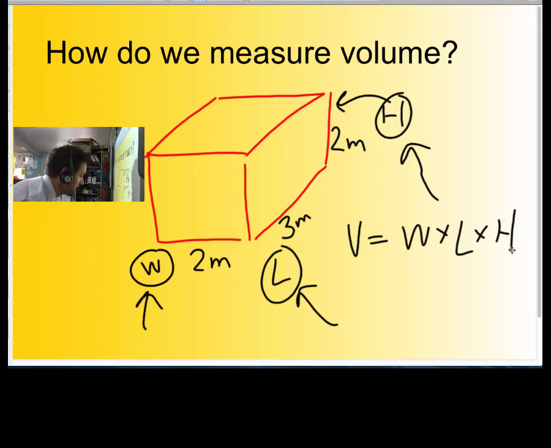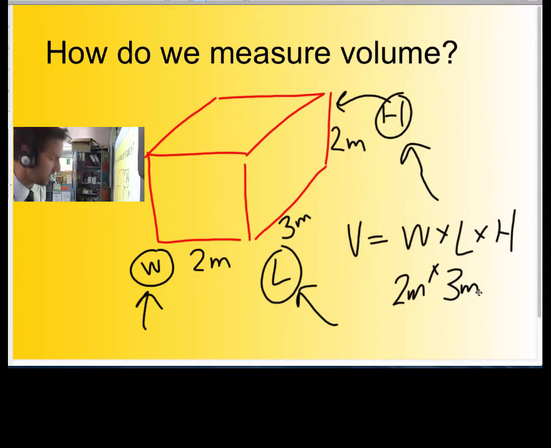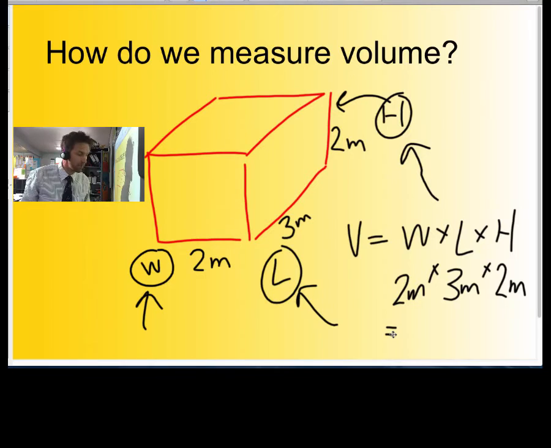The width here is 2 meters, so I'll write down 2 meters times, what's the length? 3 meters. And what's the height? Times 2 meters. Okay. And perhaps you could even work out that sum. What is 2 meters times 3 meters times another 2 meters? So go on, work that out. I'll just pause because the board's a little bit messy.